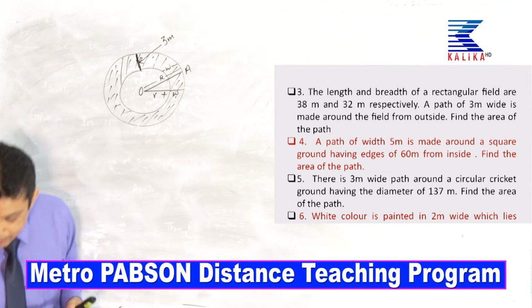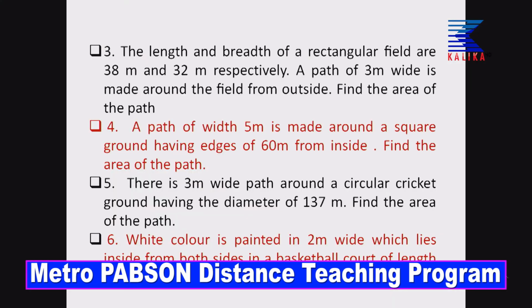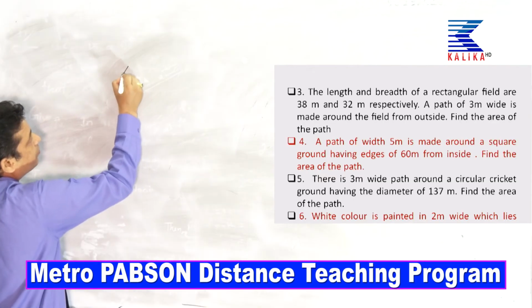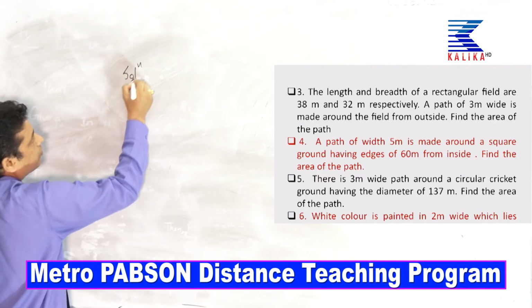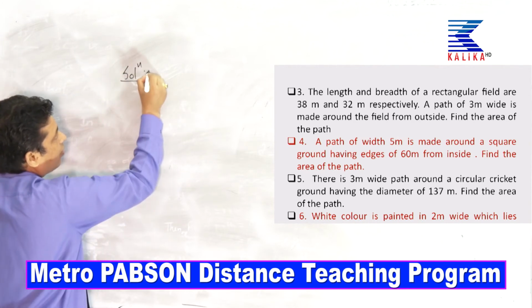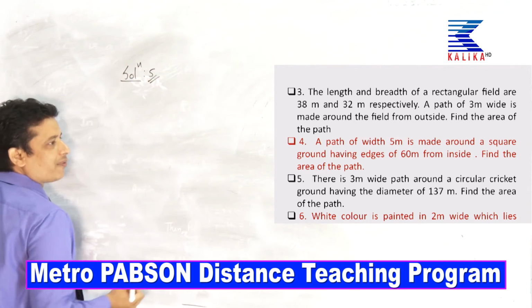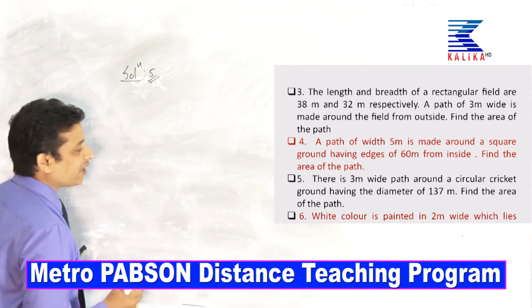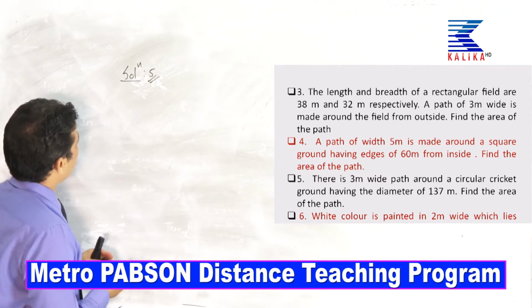Before I start the solution, let me write the given information, my dear student. Solution to number 5. Number 5 is about a circular path. This is why I am going to do it.